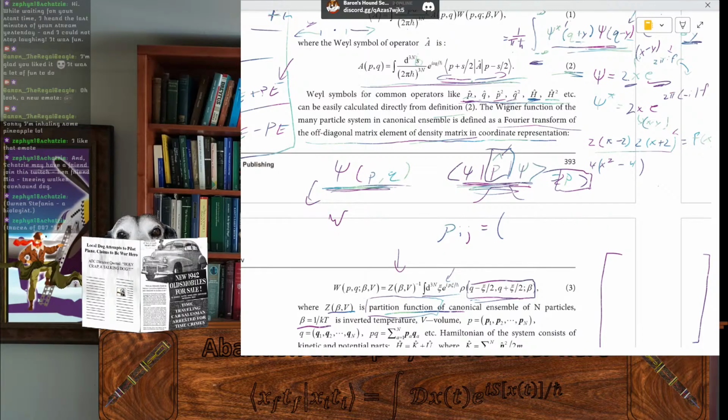Right, it's just a two-dimensional matrix. I know what I want. Why are you not helping me? Okay, let's find a better definition.